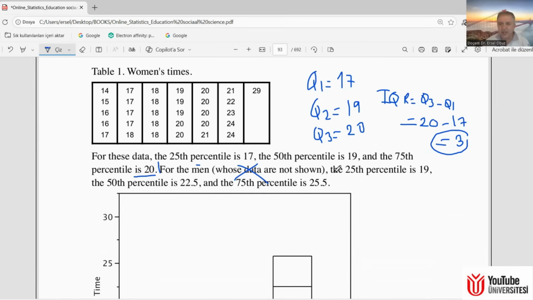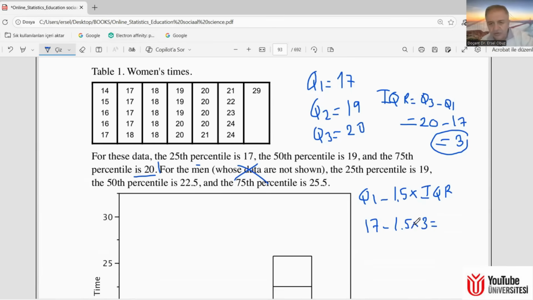So let's get the lower limit, Q1 minus 1.5 IQR. So Q1 is 17 minus 1.5 times 3.